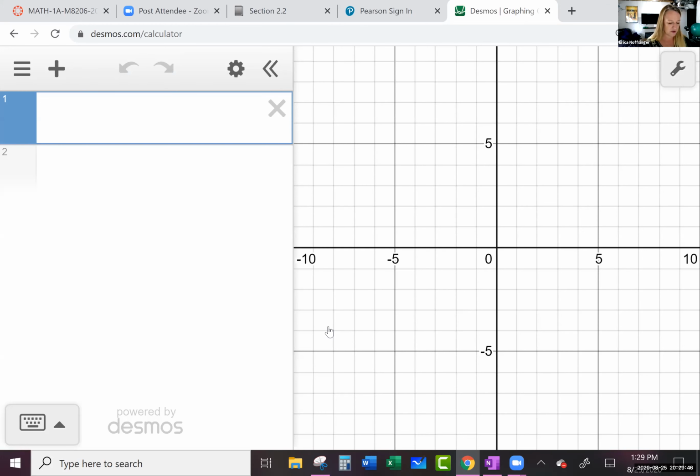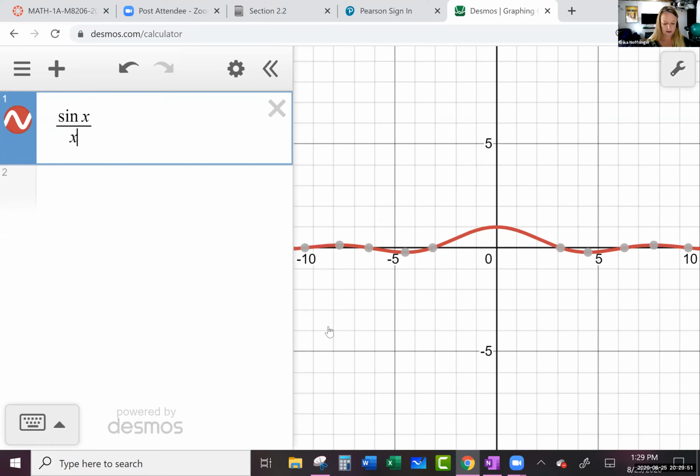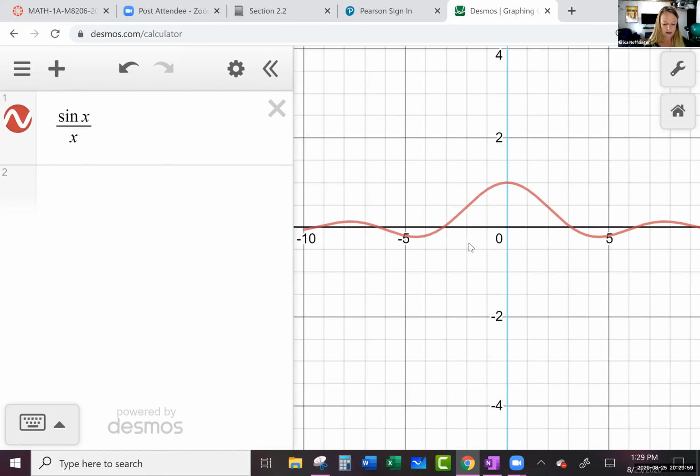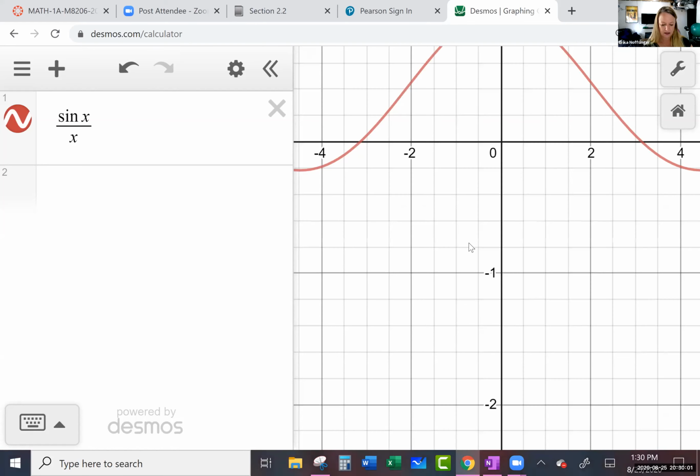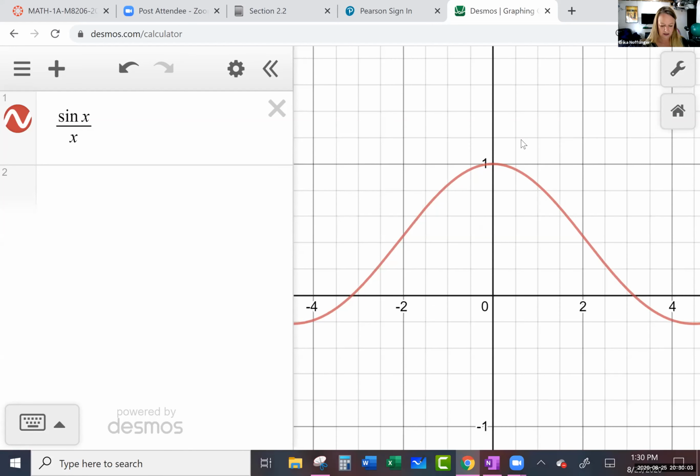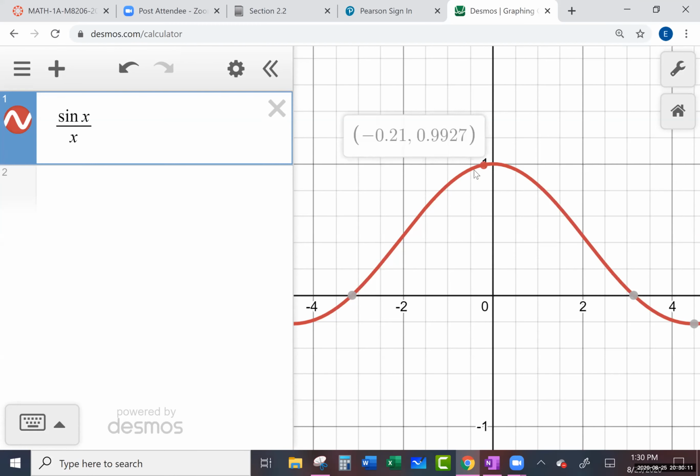It's going to tell us something's wrong. I'm actually going to put sine of x divided by x. And so as we're coming into 0 on the left, oops, is that what function we had? Yeah, it was sine of x over x. Yeah, because doesn't that look like it's equaling 1?